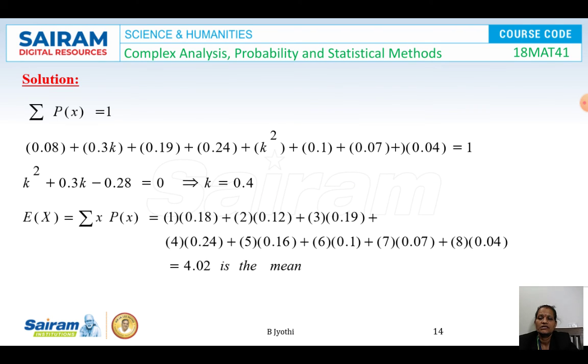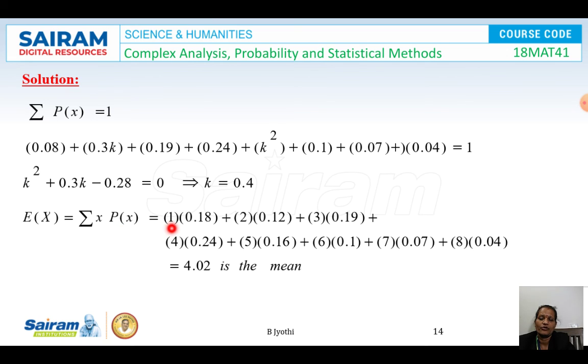Solution. Summation of P of x is equal to 1. So let us add all the P of x values here and equate to 1. We get the equation k square plus 0.3k minus 0.28 equals 0, which on simplification gives k equal to 0.4. So E of x, or the mean, is given by summation of x into P of x.